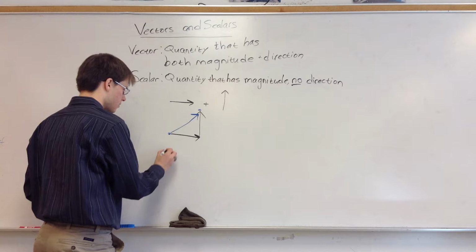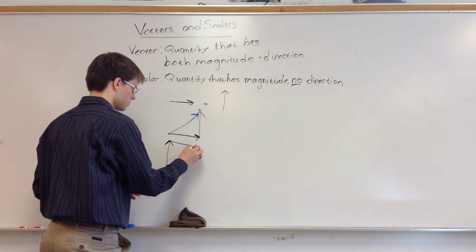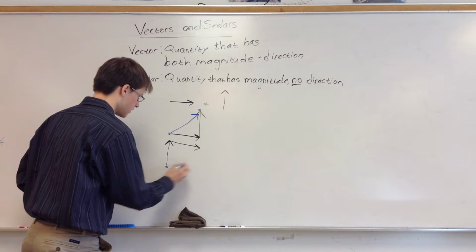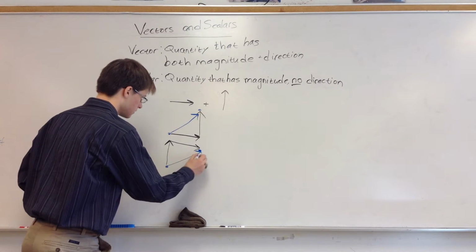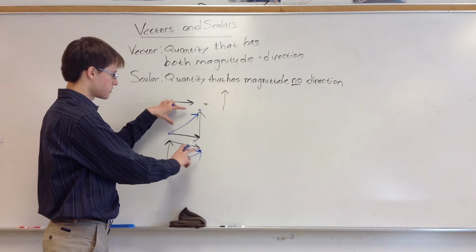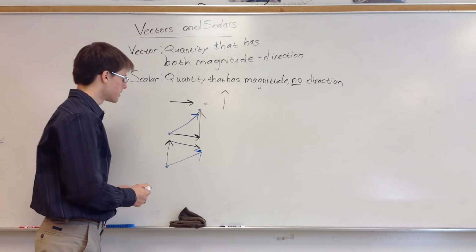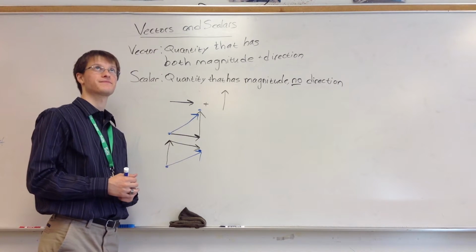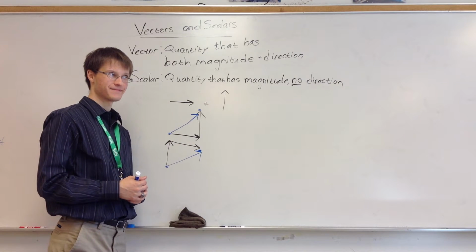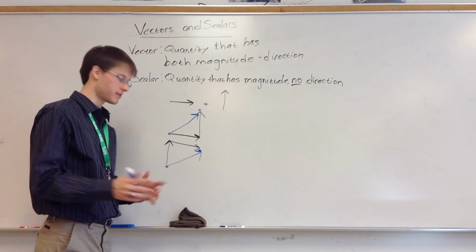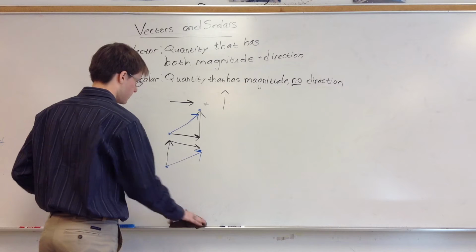So we can go up, and then we can go right, and you can see that once again, we started here, ended here. They don't look exactly the same, but they are. I just didn't draw it very accurately, but these two vectors are the same vector. So just like in algebra, A plus B equals B plus A. So those are the same.